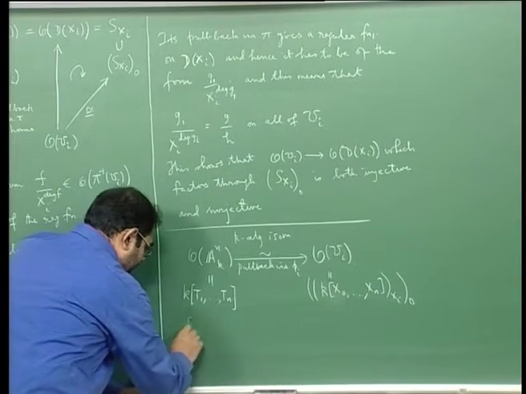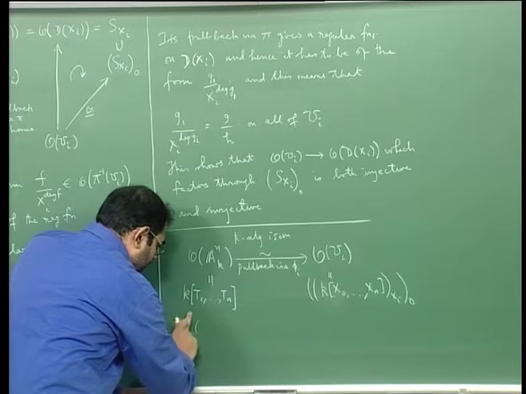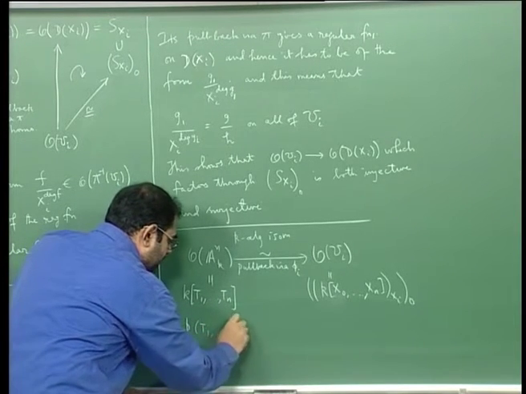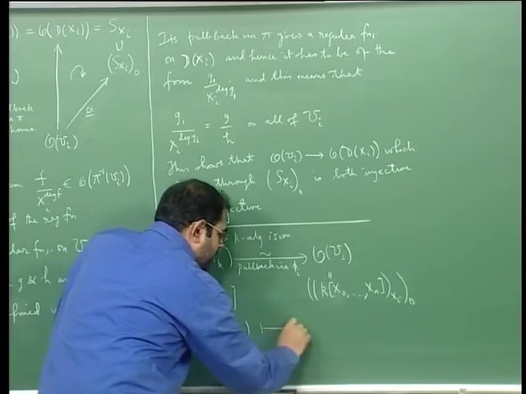So what is the map in this direction? You take P of T1, ..., Tn. What am I going to send it to?